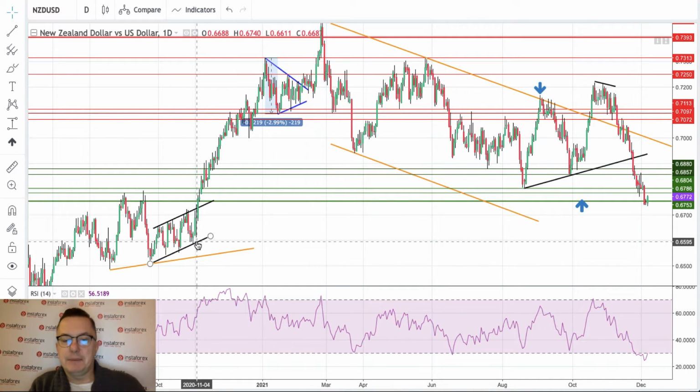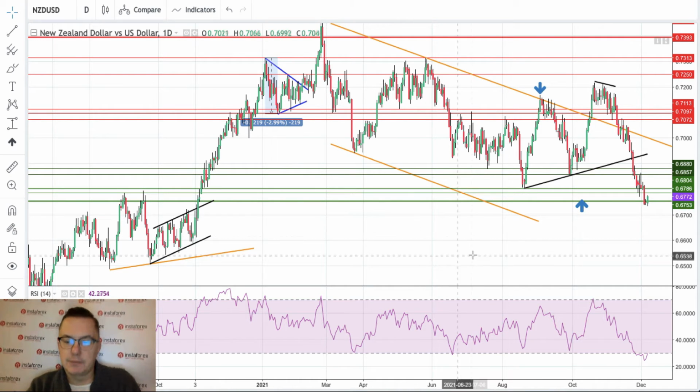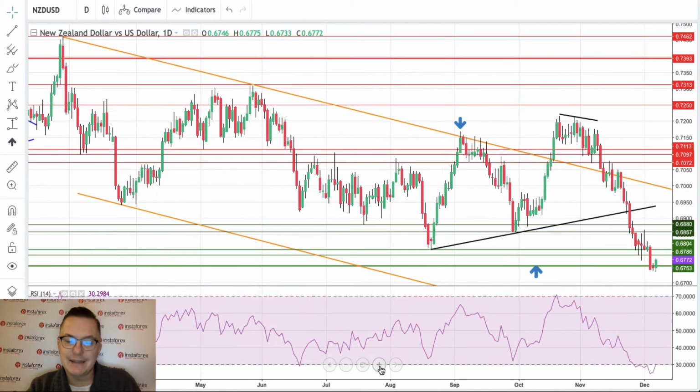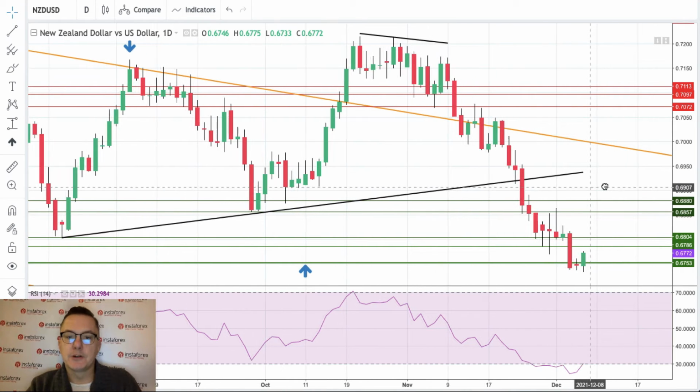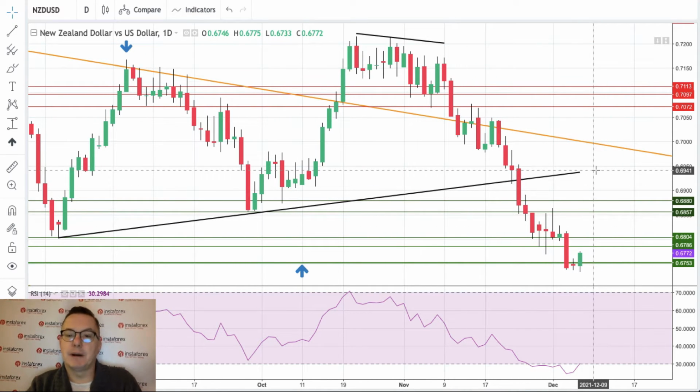So please keep an eye on the current situation of the New Zealand dollar, because only a sustained breakout above maybe 6,880 would give us some kind of relief, a rally higher, but it doesn't look like something like that is being performed, despite the fact that we are trading in extremely oversold market conditions.